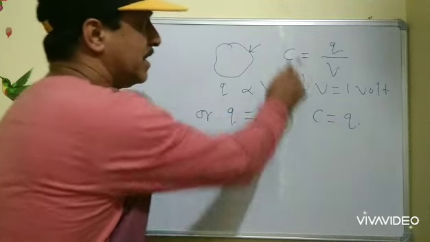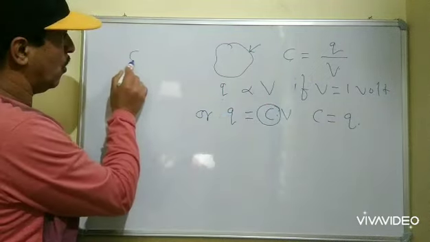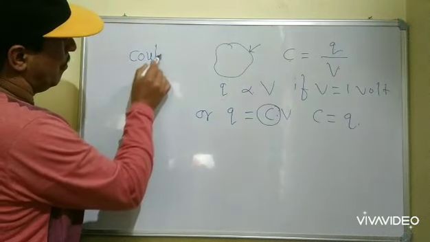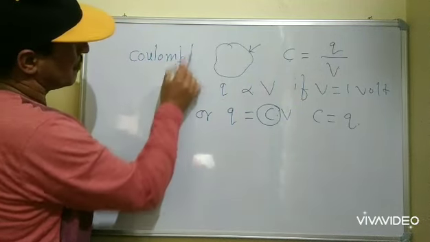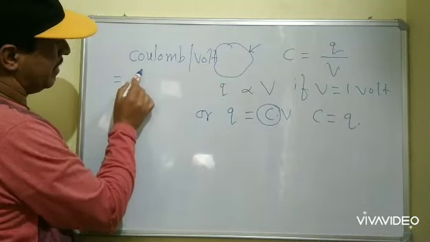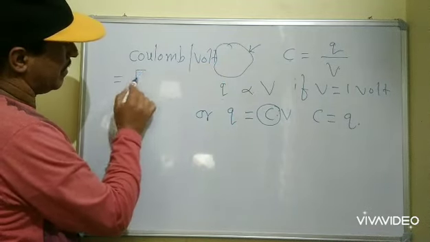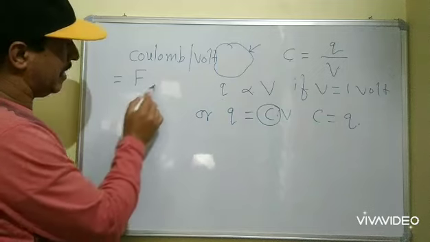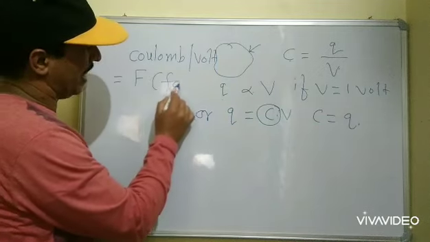Its unit from this equation will be coulomb per volt and is denoted by capital letter F and is read as farad.